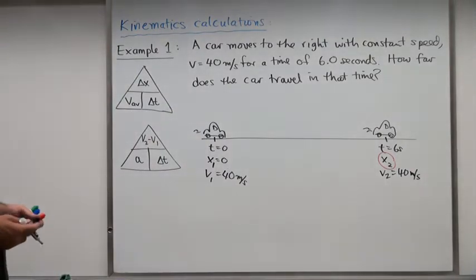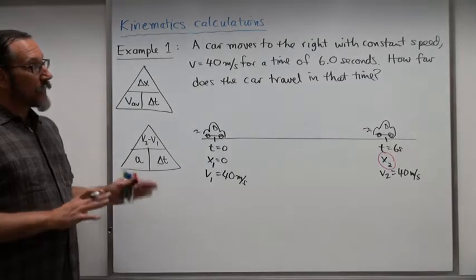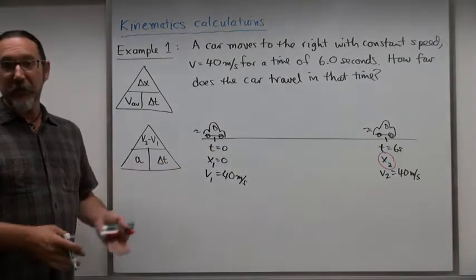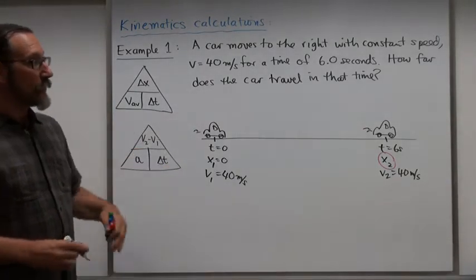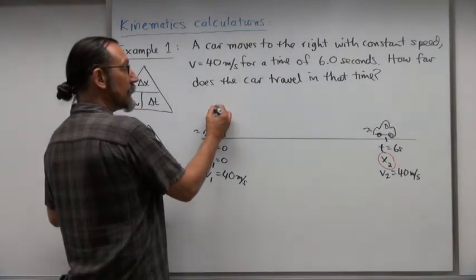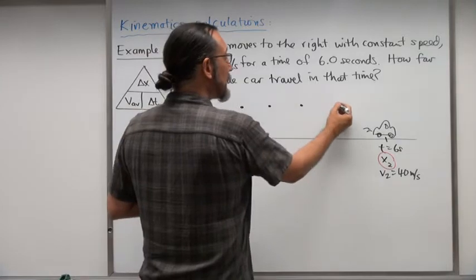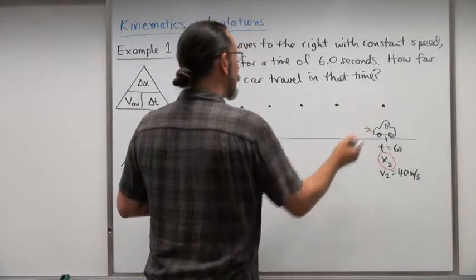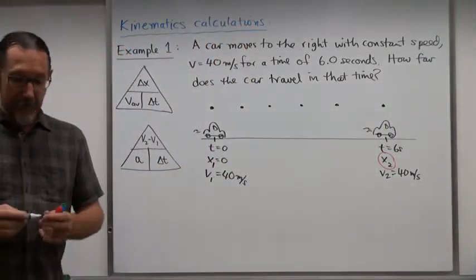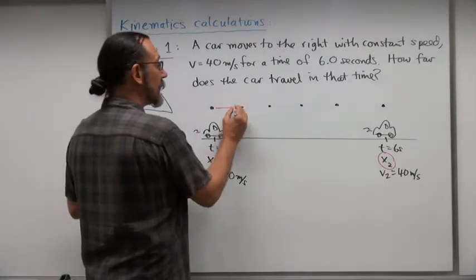All right. Now, at this stage, it's always useful to draw something we spent time on, which is the motion diagram, just to put a motion diagram on top of this. So this car, whatever speed it's traveling at, 40 meters per second, it's going at a constant speed to the right, and I know what that looks like.